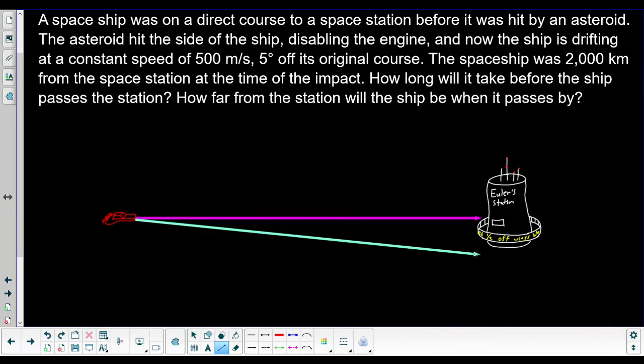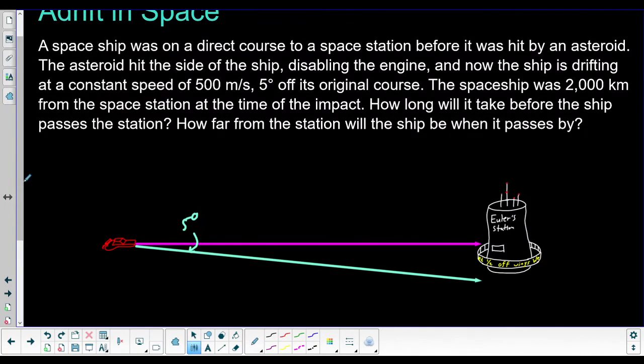It's drifting like this. And this angle is actually probably too big, but we'll roll with it. This angle right here, that's 5 degrees. So we are going 5 degrees from where we were, kind of off track from our space station. The space station is 2,000 kilometers away.